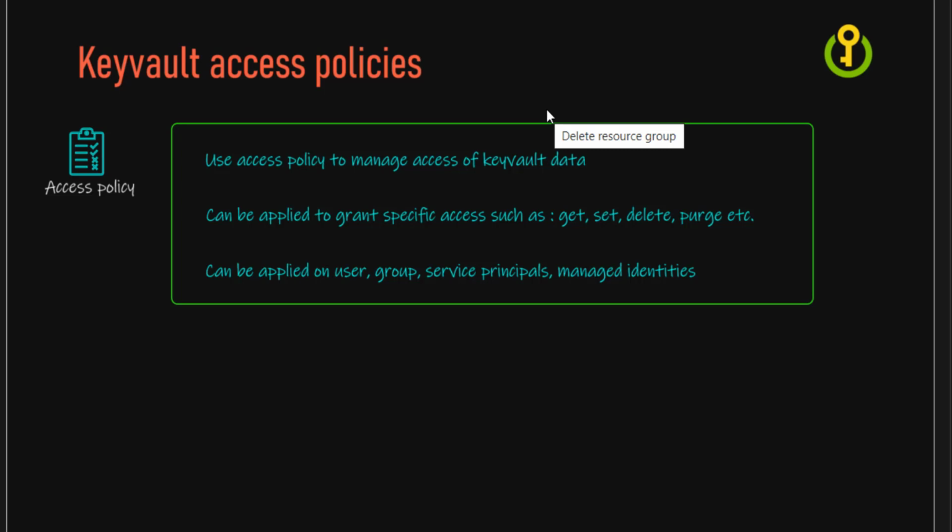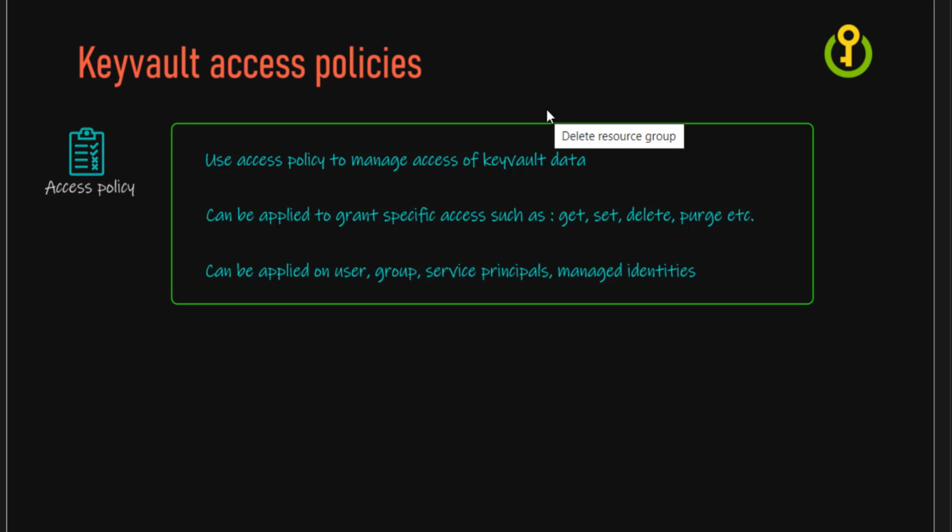So you do not have control to limit a user to read only a certain number of secrets. You might have a requirement that application A or a specific user should be given permission to only a specific secret, not all the secrets or all the certificates. In such cases, you don't have any option to manage such a level of conditions or protection with the help of access policy.